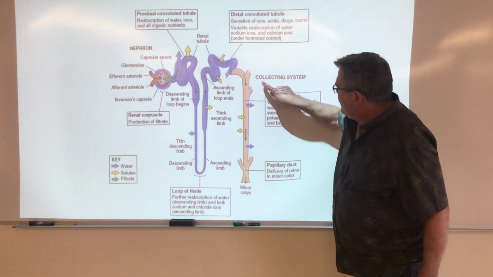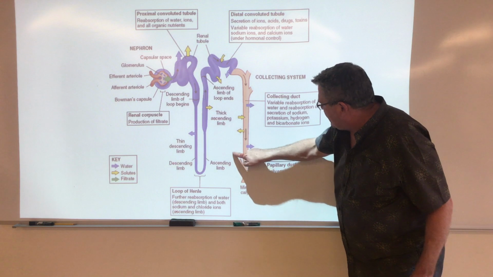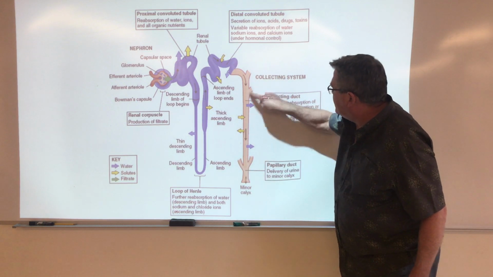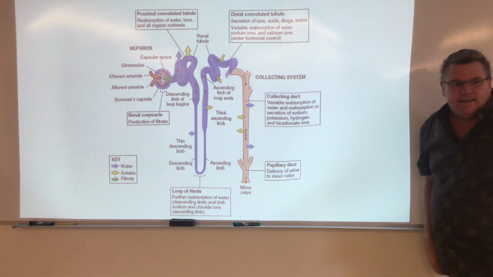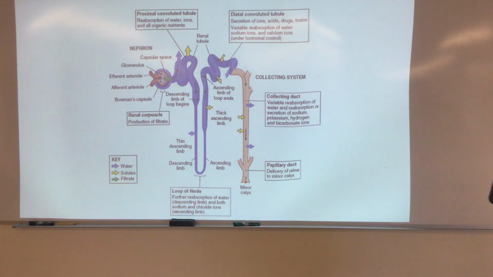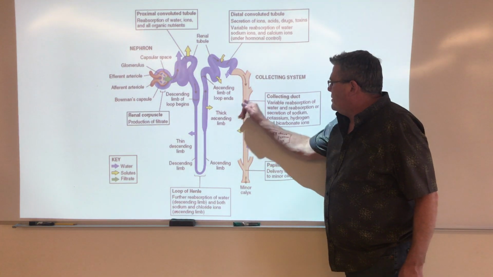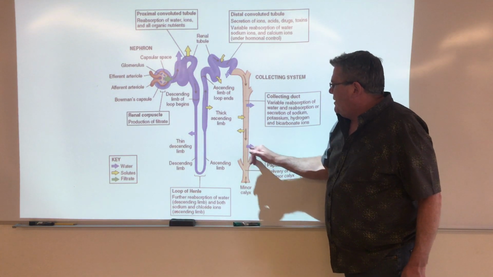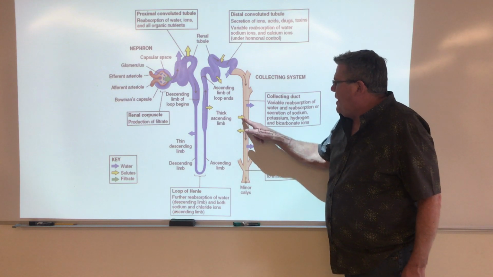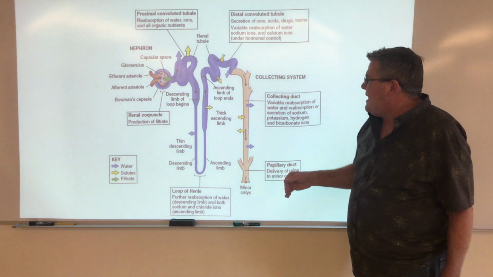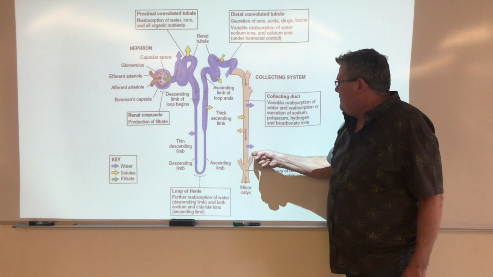And then you can see from all of these different nephrons, they're all dumping into this collecting duct. Really what it does is it's going to reabsorb more water. It'll go back and forth with some of the other things like ions, but you're at the very tail end.